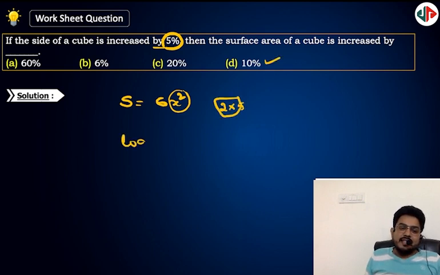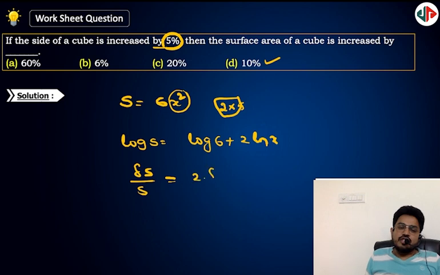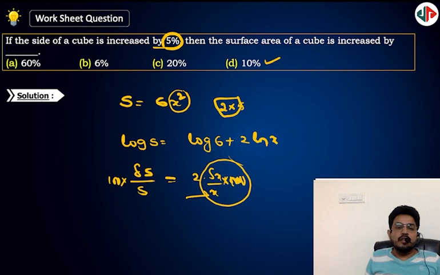Log s, I told you many times, and once again I am writing log 6 plus 2 log x. When you differentiate, change in s by s is equal to 2 times change in x by x. If I multiply by 100 here, and here multiply with 100. So this is 5% into twice. So you need to go only for the power.